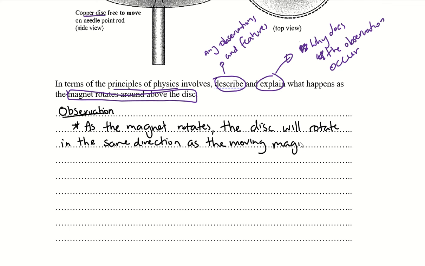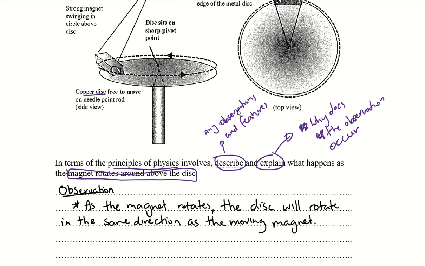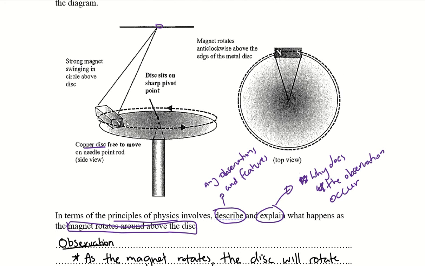Now this is actually an example of an AC induction motor, if you want to think of it like that, or just an induction motor in general. As the magnet is rotating, we are going to generate some changes in flux.